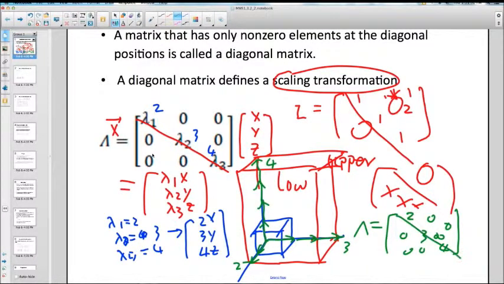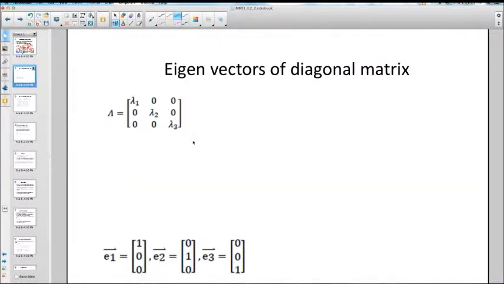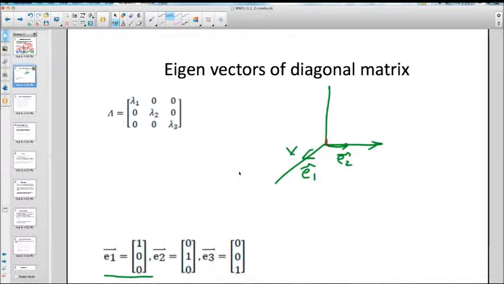These 3 numbers are the eigenvalues by definition at this stage. And the 3 eigenvectors are going to be the first unit vector along the x direction, the second unit vector in the y direction, and the third unit vector in the z direction.